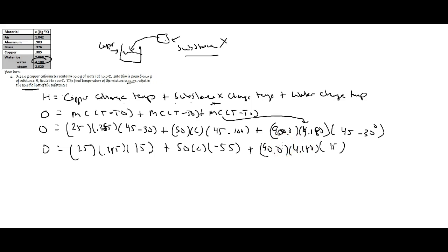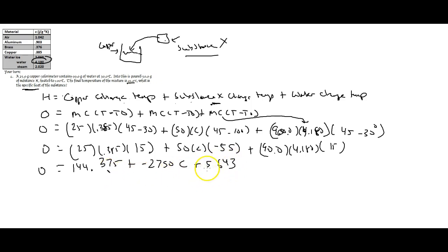Okay. Multiply the first three things together: 25 times 0.385 times 15, and I get 144.375. And over here I get 50 times negative 55, which is negative 2750 C. And then here I've got 90 times 4.180 times 15, and I get 5,643.